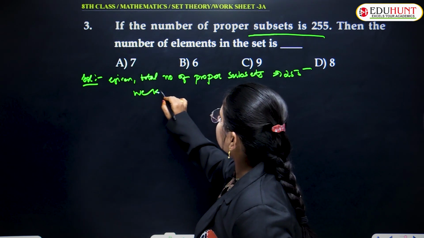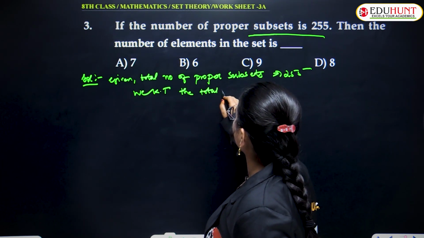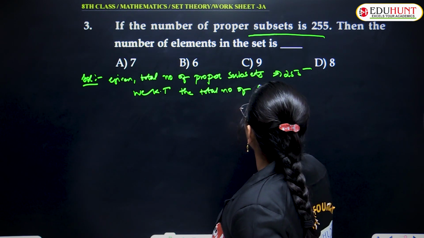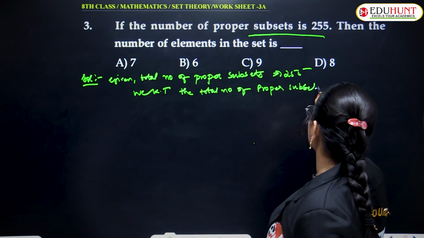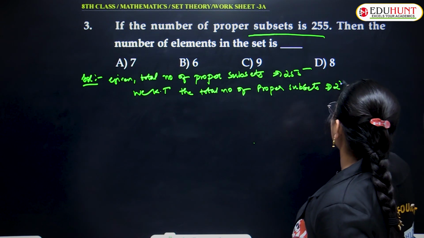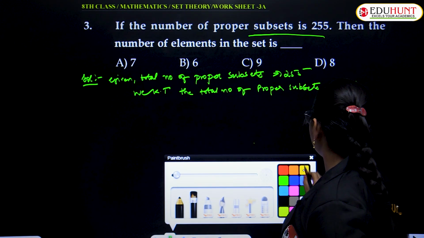We know that the total number of proper subsets can be calculated with the help of the formula 2 power n minus 1.